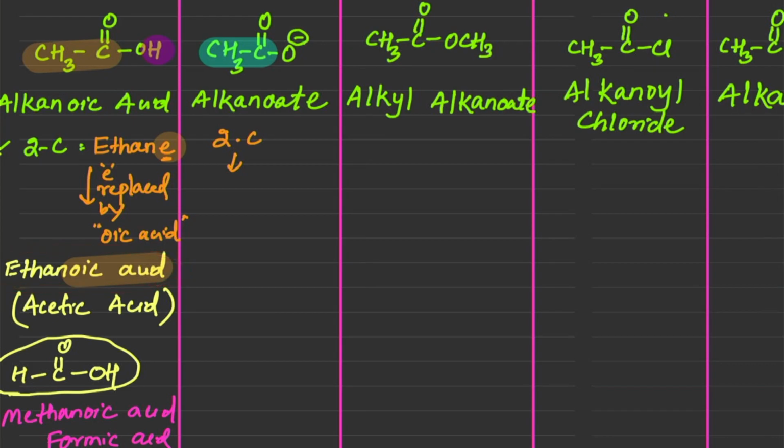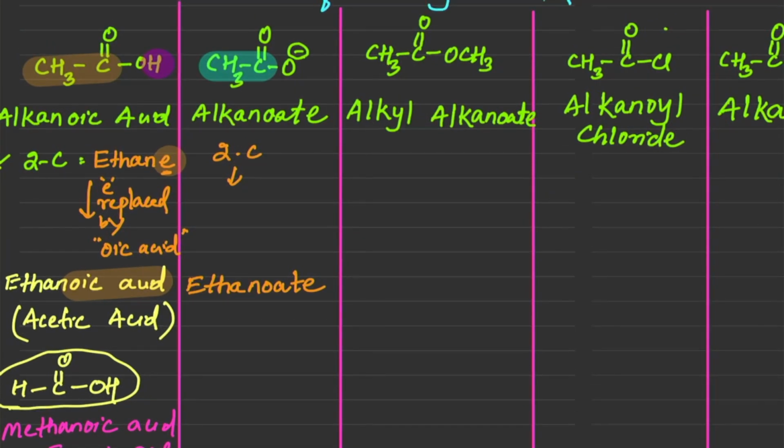Now this hydrogen is gone, so it's called ethanoate. The negative charge is not going to be on its own; it's usually going to stay with a positive charge. Let's say the positive charge is sodium plus. Then you're going to call it sodium ethanoate, sodium propanoate, sodium butanoate, sodium pentanoate, and so on.